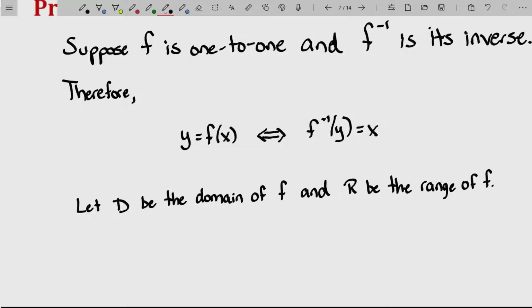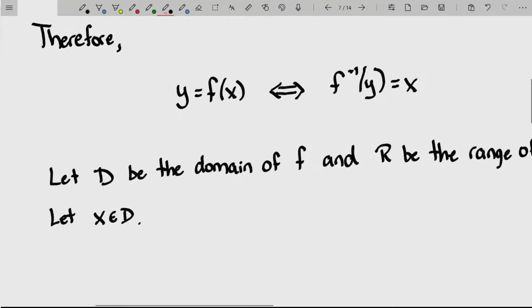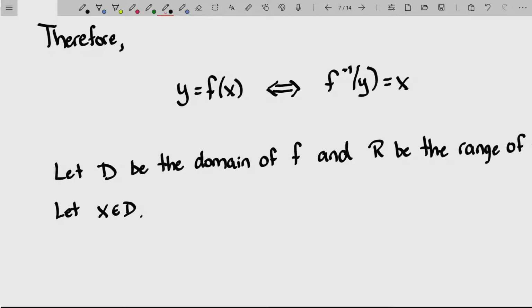The next thing I'm going to do is grab an element from the domain of f, and a convenient element from the domain is going to be x. From here, it's almost as if we're just going to steal the definition of the inverse function that we have up above here. So if x is in the domain, then f of x maps to some value in its range, and we're going to just say that maps to y, where y is an element of the range of f.